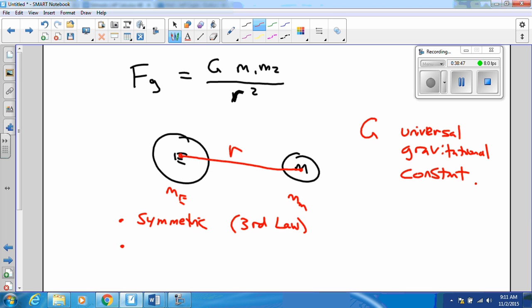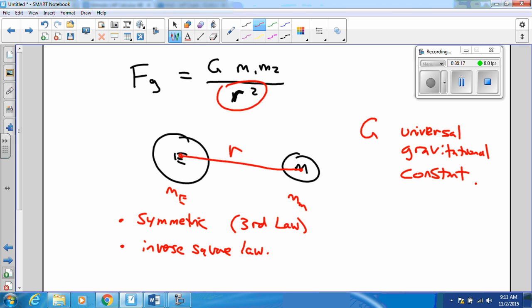Second thing that I want you to observe is that because the r squared here is in the denominator, larger values of r give you weaker values of gravitational force. The further you get away from the Earth, the weaker gravity becomes. So we call this an inverse square law, because the force drops off with the square of the radius.